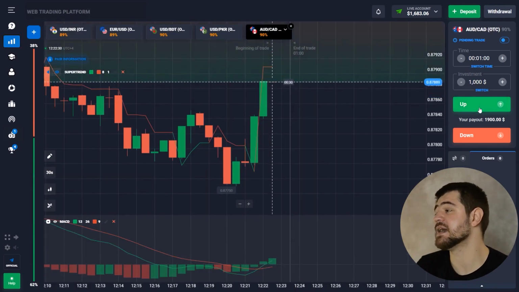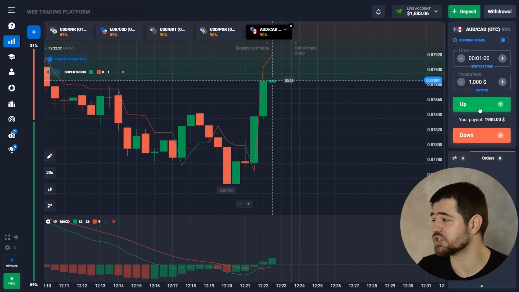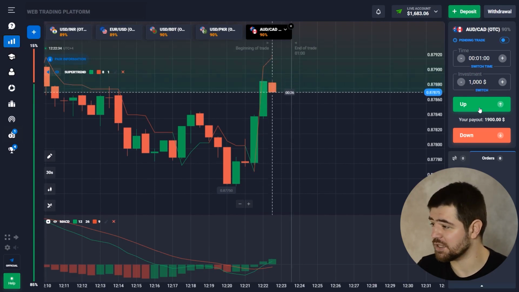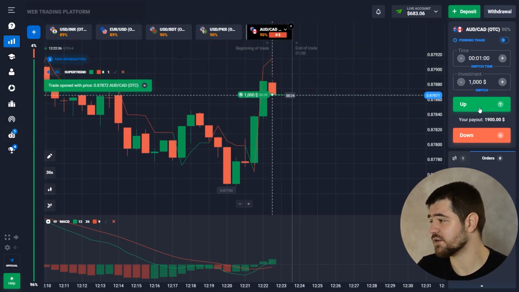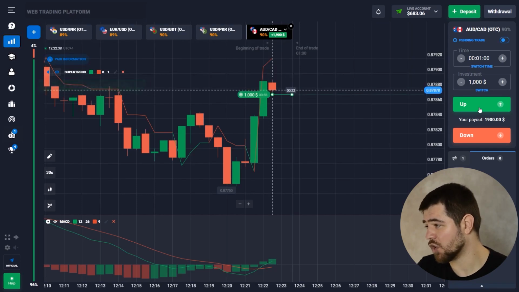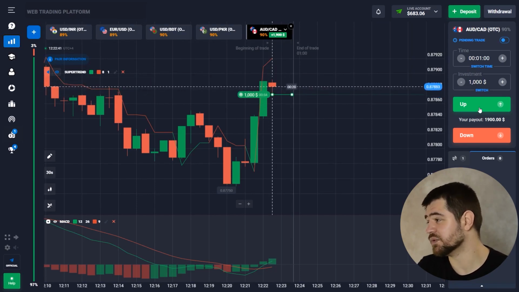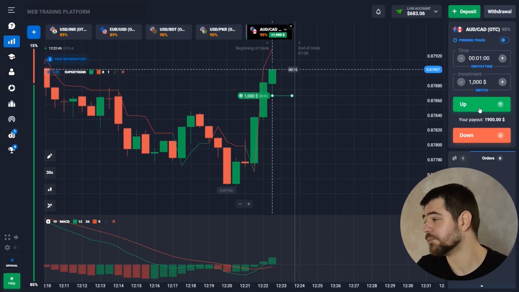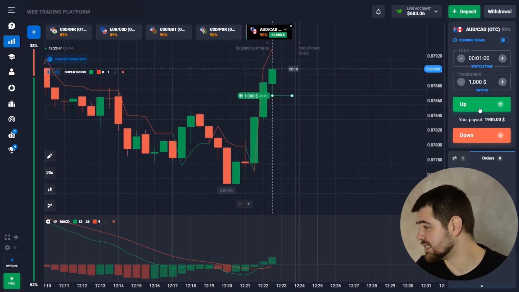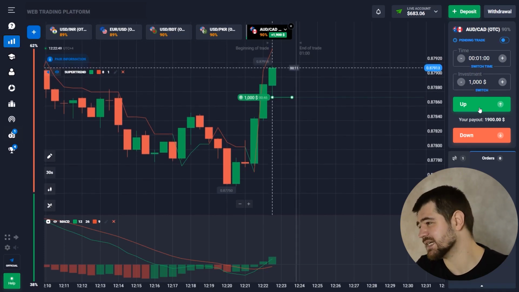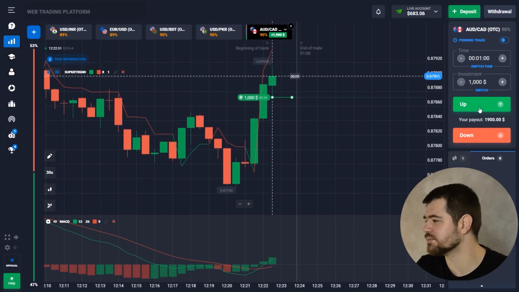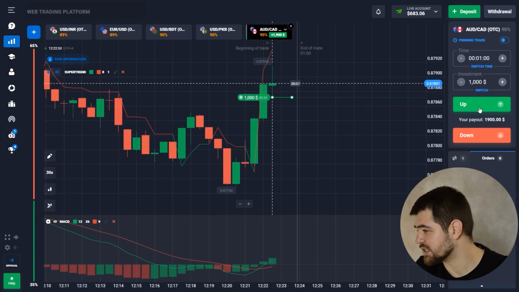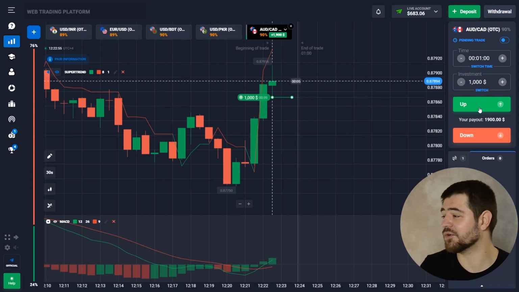Okay, MACD there, showing us some nice indication. The bullish trend forming. We're gonna go with a call option for 1,000, and also this bullish impulse is pretty good. A super trend at this stage with 30 seconds is not gonna show us some good stuff, but let's wait for the result of this.